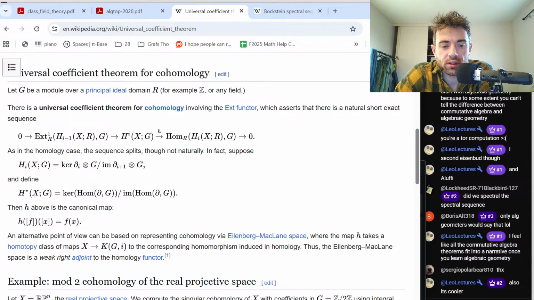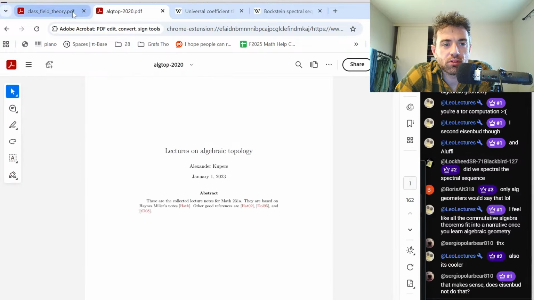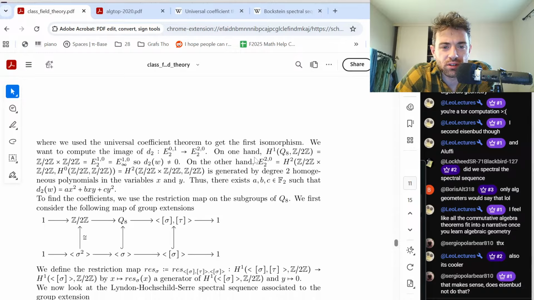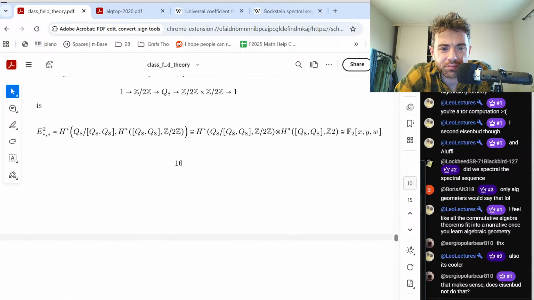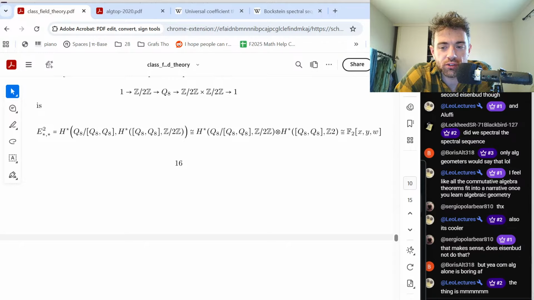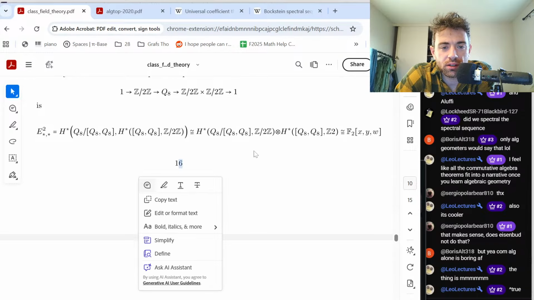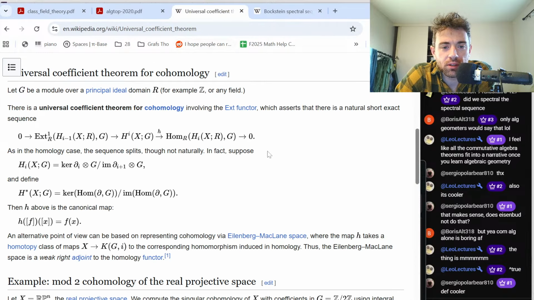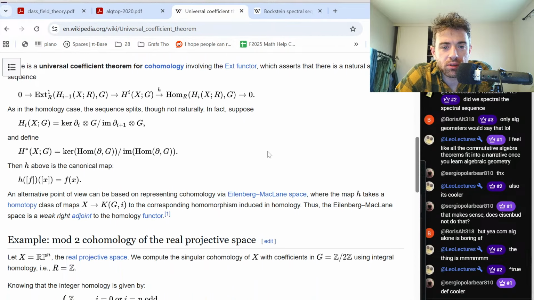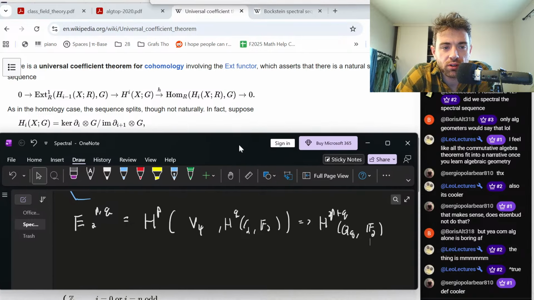Okay, I guess maybe those are the computations we're getting into now. So for each one of these, we should get an isomorphism. Does the Ext die? Does the Ext just straight up die? Maybe it does. Oh, and wait a second. So we've got lower indices, so there's homology going on here and cohomology. Okay, well, let me just write this out then, I guess.